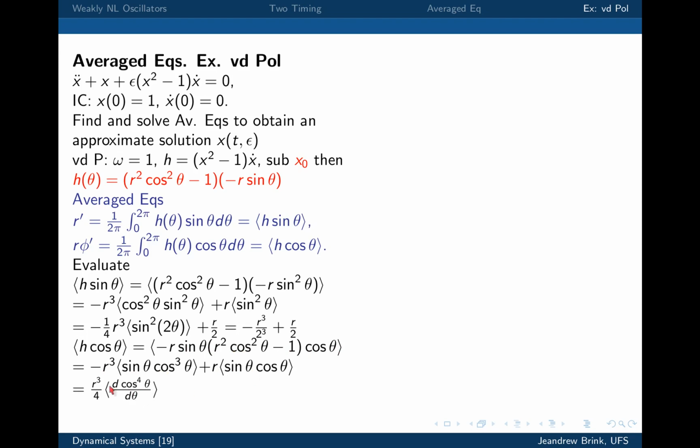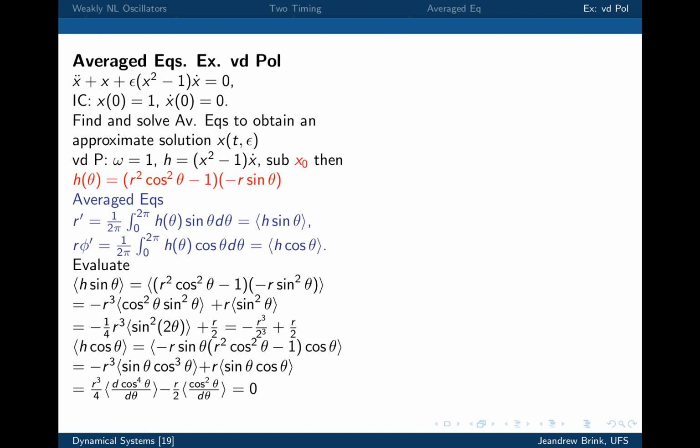But this thing is just the derivative of cos to the 4, and because it's a periodic function, it's simply 0 if you take the average. And this one, there's a missing d theta there, is the derivative of cos squared. Because you're integrating from 0 to 2 pi, they're 0.